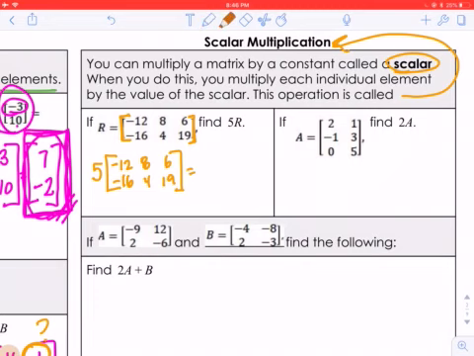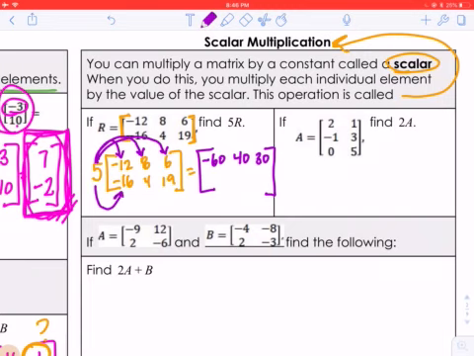So what I'm going to do is just use basically distribution. 5 goes on to the -12, that makes -60, and I always put that in the exact same space. 5 goes on to the 8, and that makes 40. 5 goes on to the 6, and that makes 30. 5 goes on to -16, and that makes -80, I think. Somebody check me on the calculator. I'm not sure. And then 5 times 4, 5 times 19. So you can get these last two pieces here.